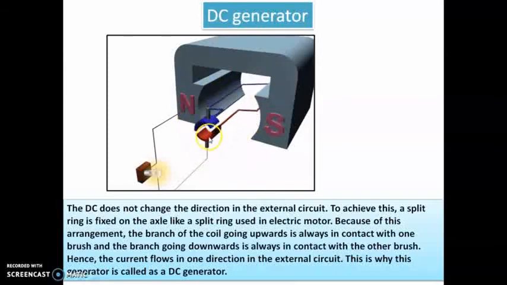See, the red one is in contact with red one and the blue one is in contact with blue one. It is taking full rotation. It is not changing its direction. Okay, so the current flows in one direction in the external circuit, and this type of generator is called a DC or direct current generator, because here the current flows in one direction, as very clearly you can see from the diagram.